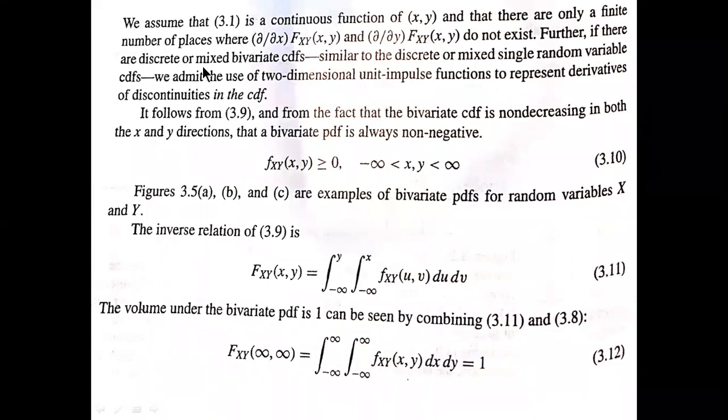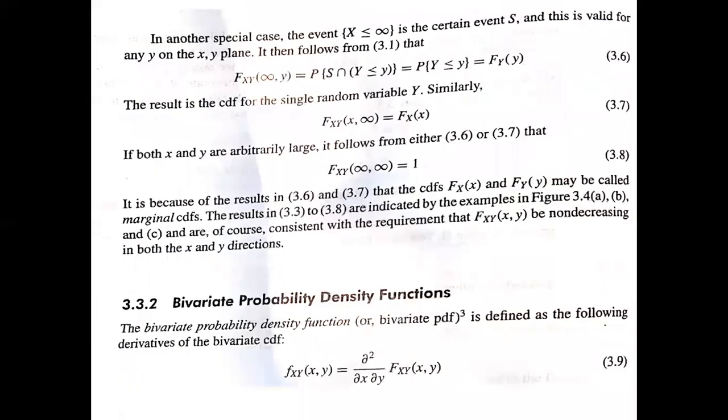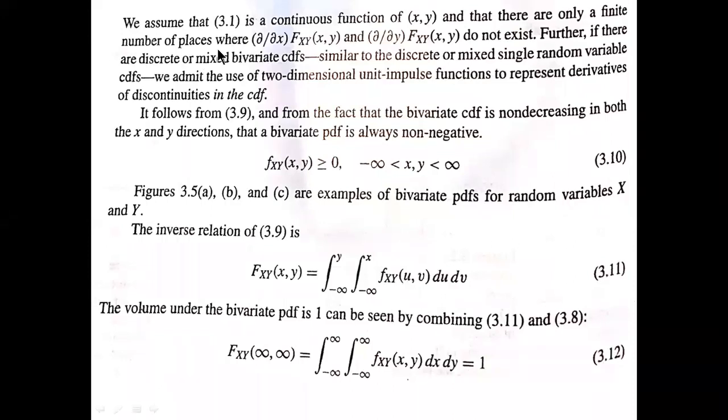So till now we assumed that 3.1 is a continuous function of xy and that there are a finite number of places where the partial derivatives with respect to x and y of f of x comma y do not exist. There is always a possibility that at a finite number of places the differentiation does not exist.